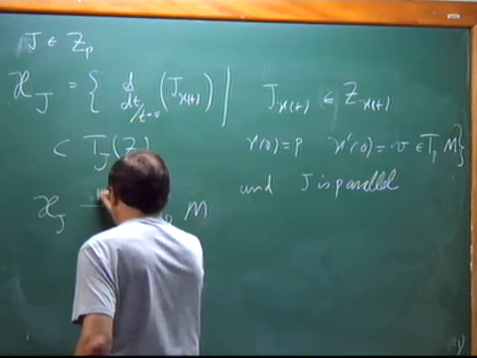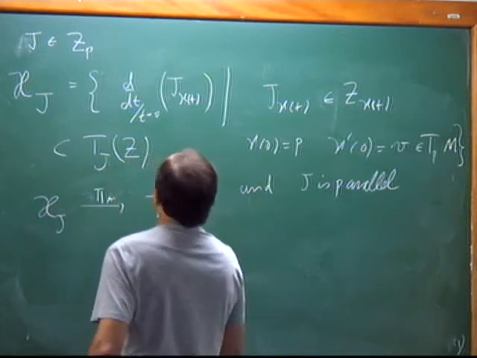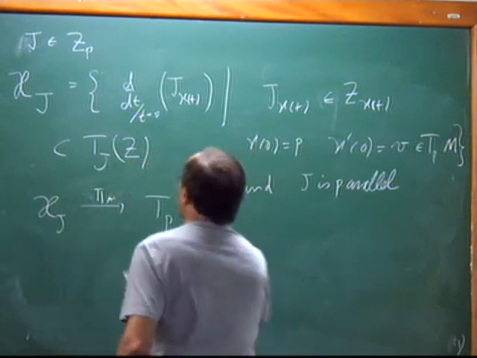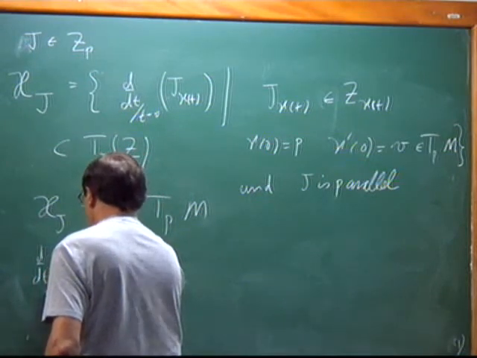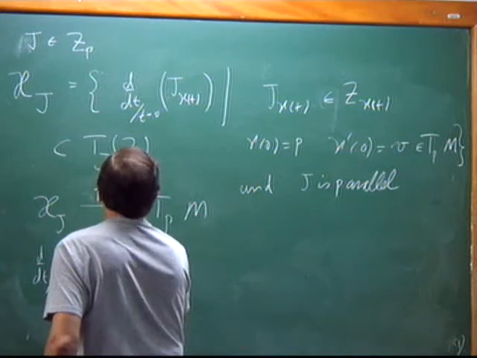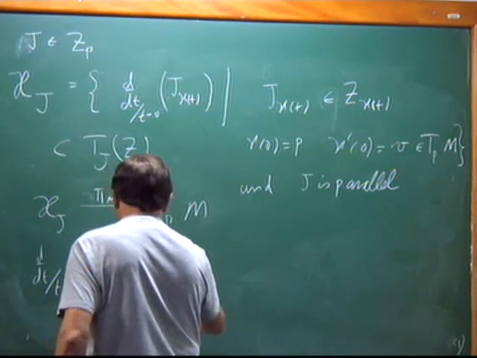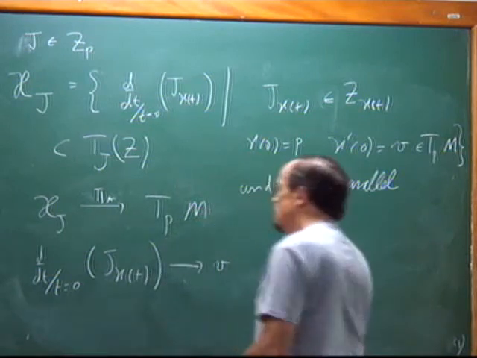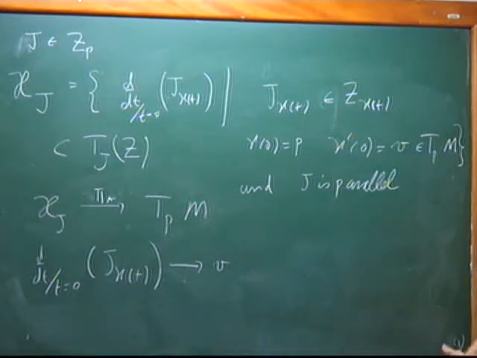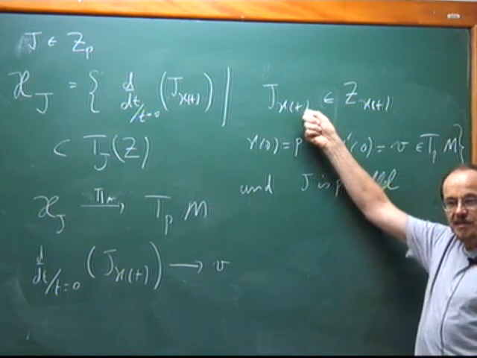In fact, it's just φ star, which takes this d/dt at t equals 0 of J_γ(t) into V. Right, what does the projection do? It looks at the foot point. The foot point of my path is γ(t).